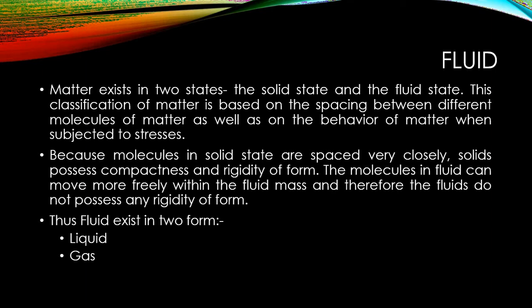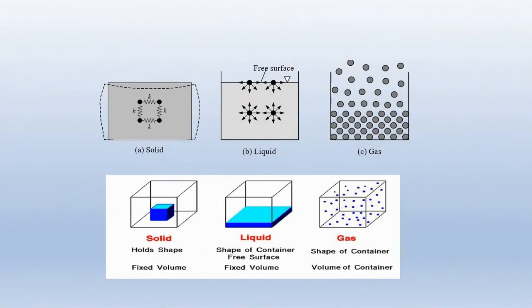So the fluid exists in 2 forms: one is the liquid form, another is the gaseous form. From this pictorial view, it is clear that picture 1 shows solids. A solid holds a definite shape and has a fixed volume. If we put any solid into any container, it will hold its shape and has a fixed volume.